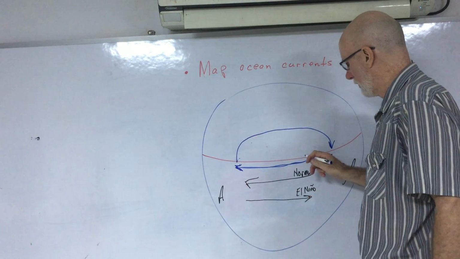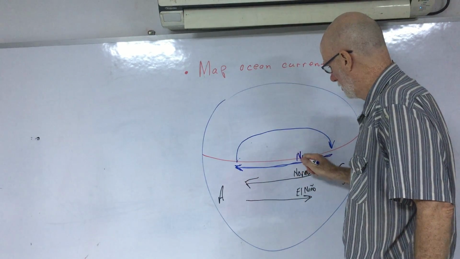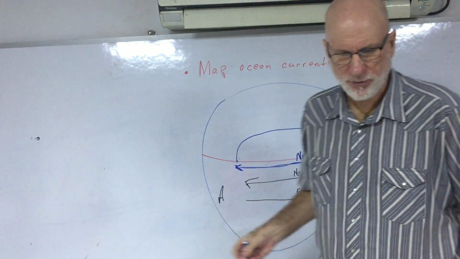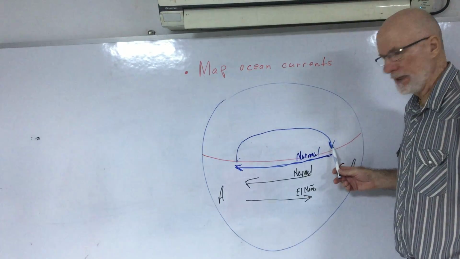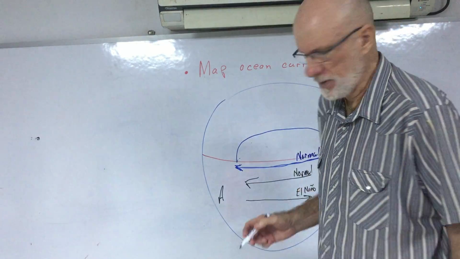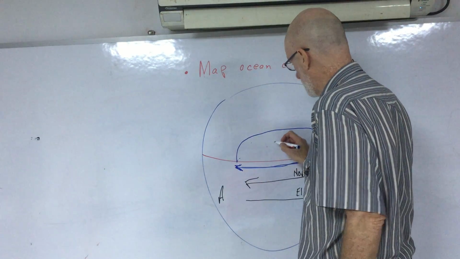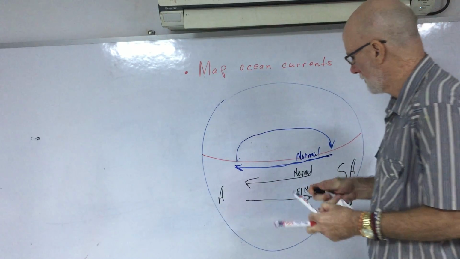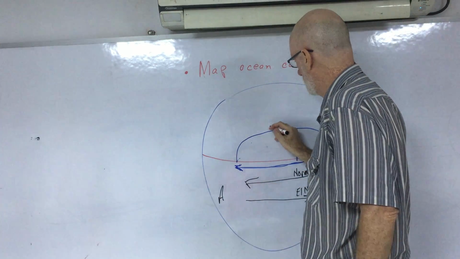Okay, those are trade winds. These are normal. They go from east to west. Yes? These are called trade winds, right?